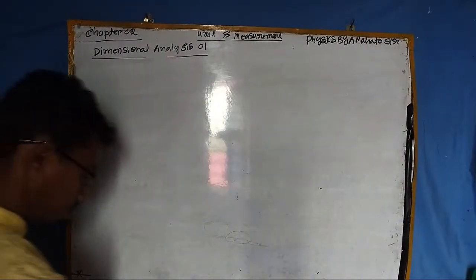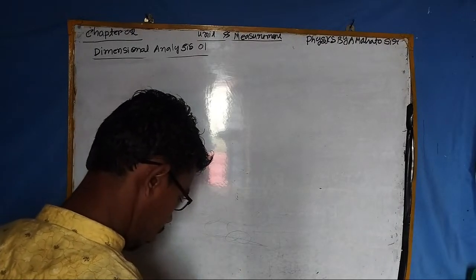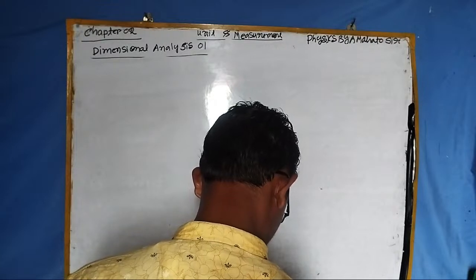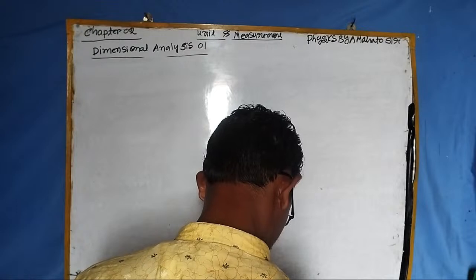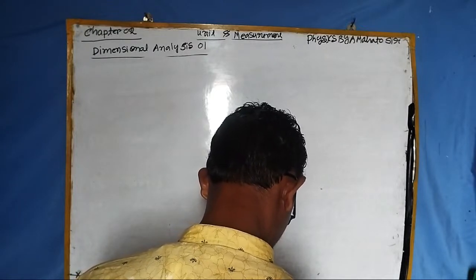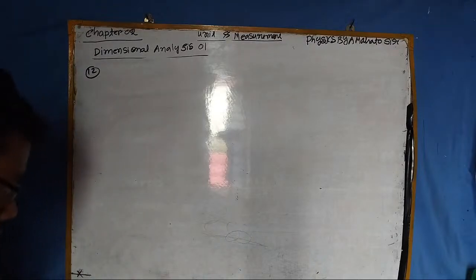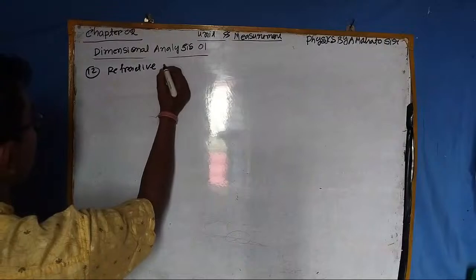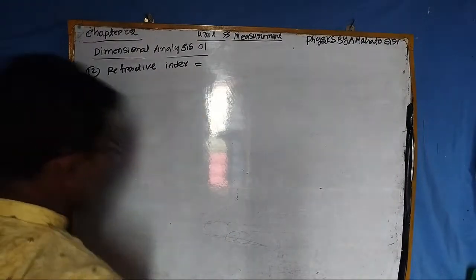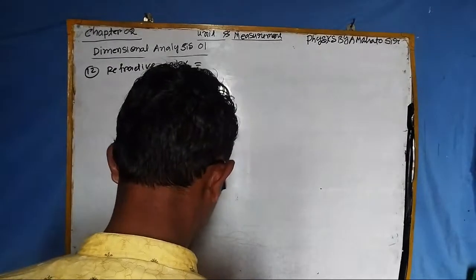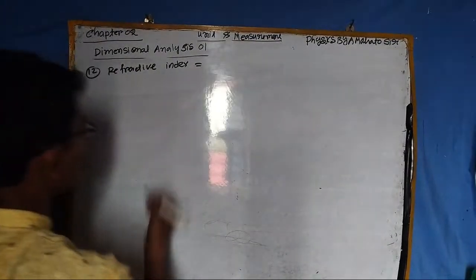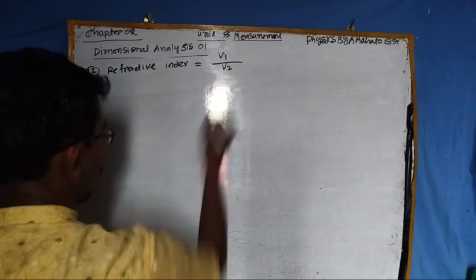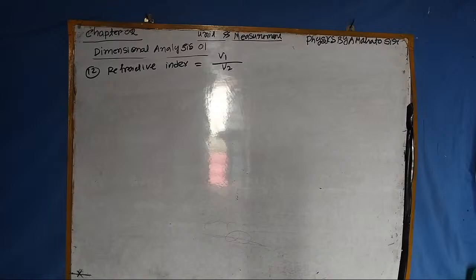Next is refractive index. Refractive index is speed in medium 1 upon speed in medium 2.